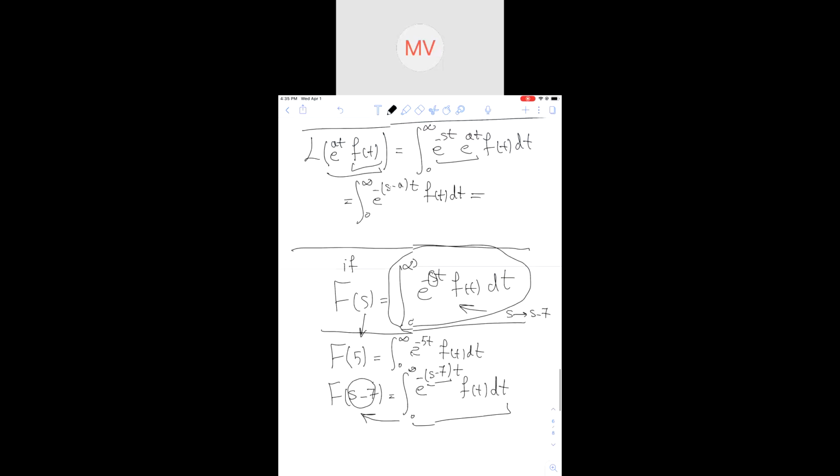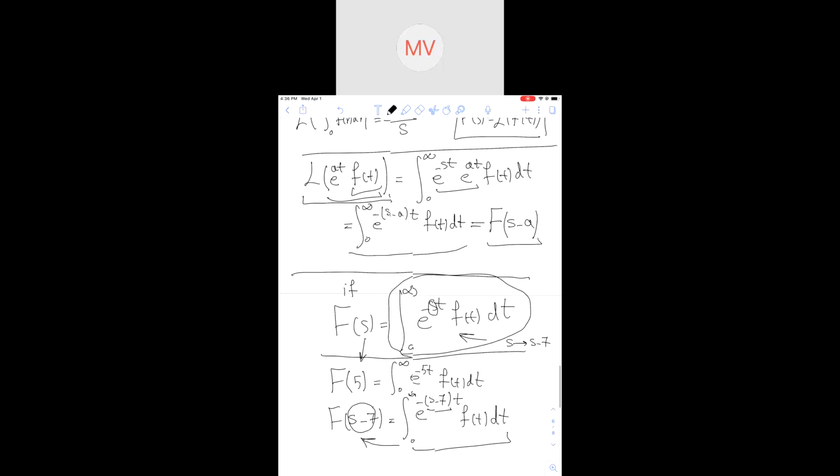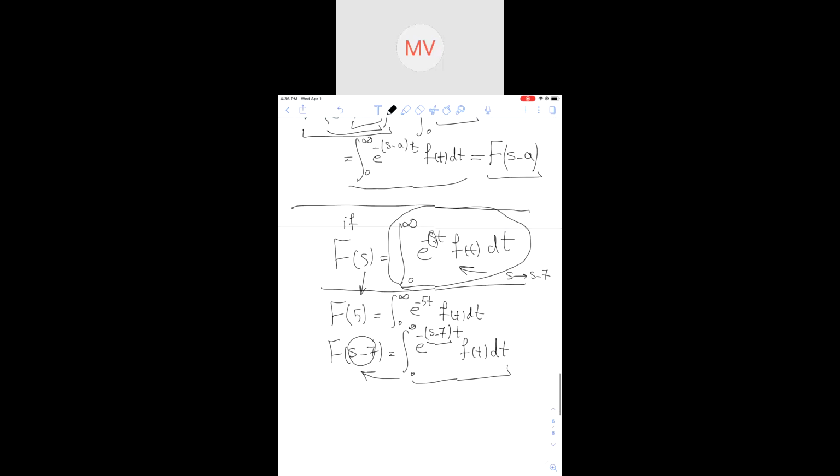Now I'm going to go back up to that integral. This is equal to F of, you guys tell me what the input should be. S minus a, beautiful. So that's the transition I was talking about.